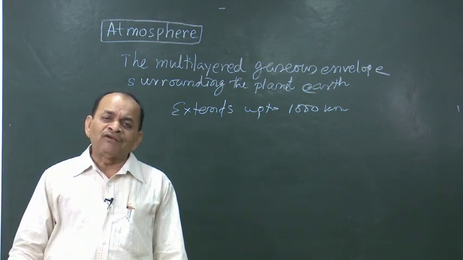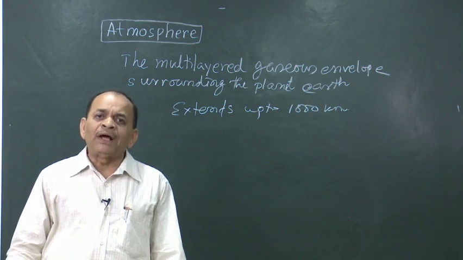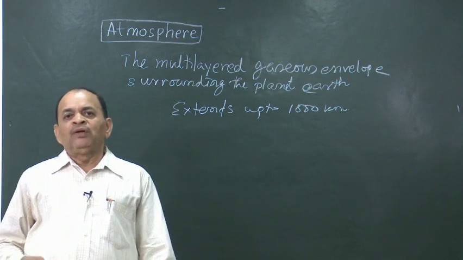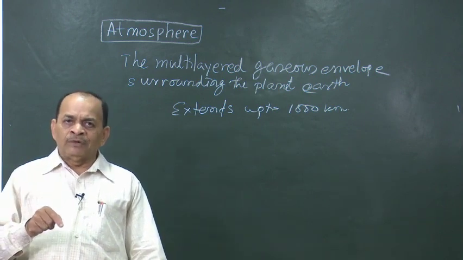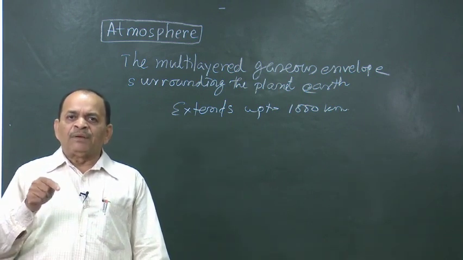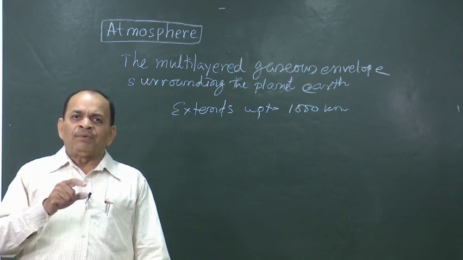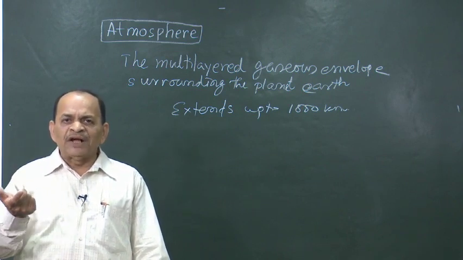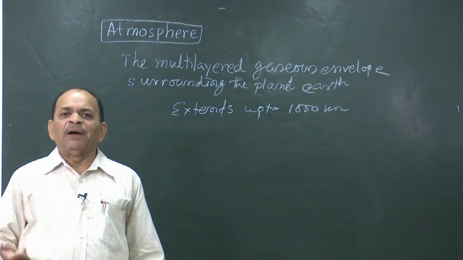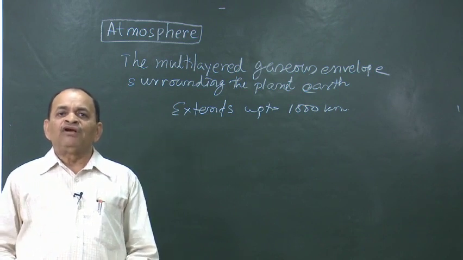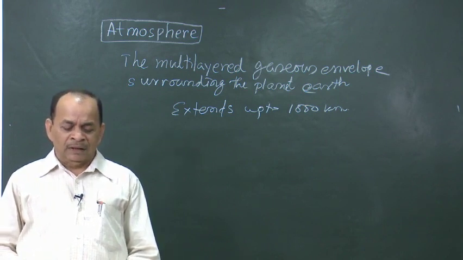That is known as the biogeochemical cycle. The carbon, for example, comes from the environment to the plants, then from plants to the animals, and from animals again it goes back to the environment. So in a cyclic manner. That's why it is known as the biogeochemical cycle.